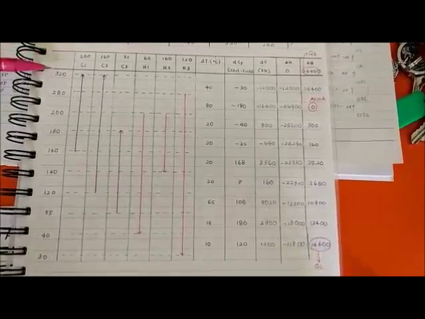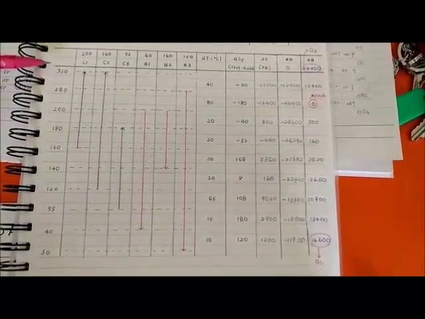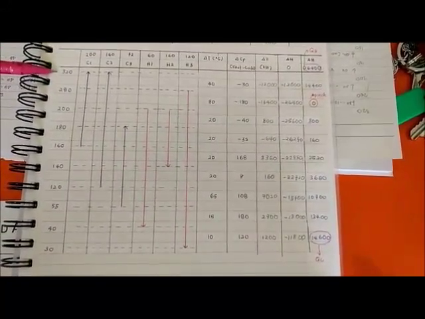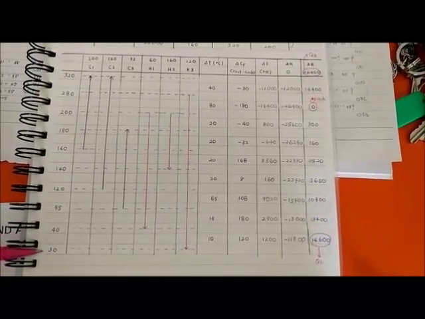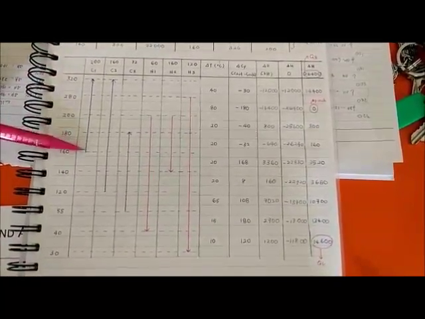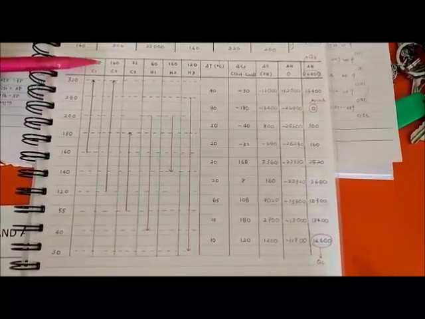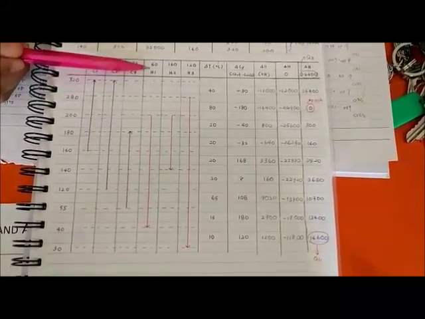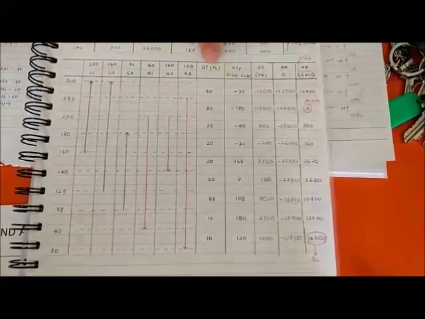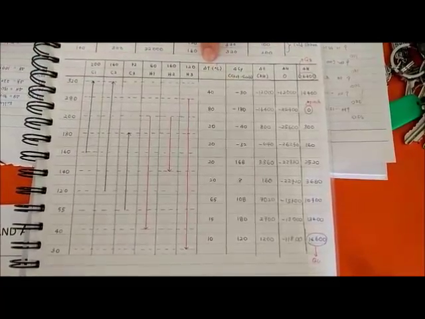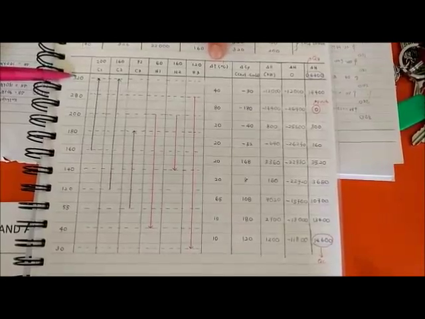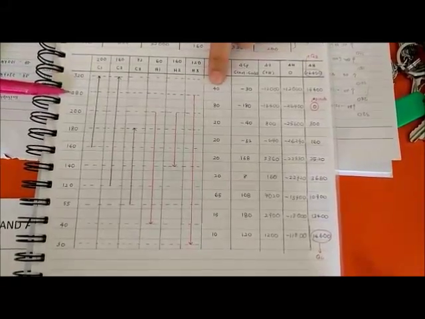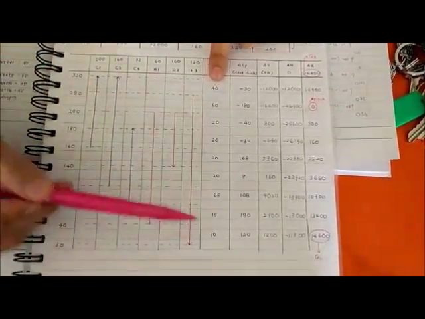After that, we will rearrange the adjusted temperatures from the highest temperature, which is 320, to the lowest temperature, which is 30 degrees Celsius. And then we will do the interval for each stream, C1, C2, C3, H1, H2, H3. And then we will find the difference in temperature between each interval, which is 320 minus 280 for this one, and so on.